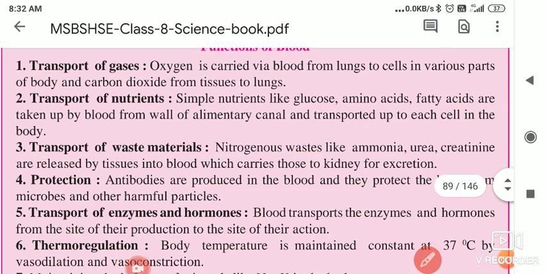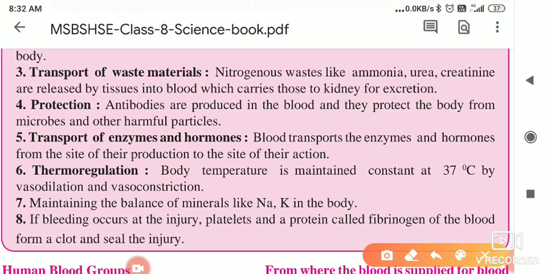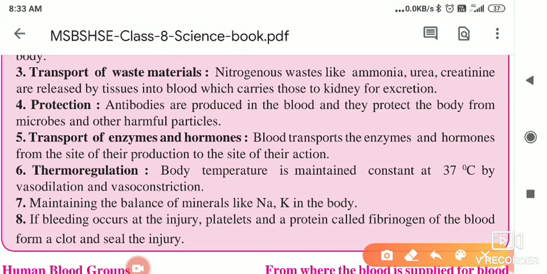Next is the transport of waste material. As you know, many processes are going on in our body, and in these processes some waste material is produced. Which is that waste material? Nitrogenous waste: ammonia, urea, and creatinine are released from the tissues into the blood, which carries them to the kidney for excretion.